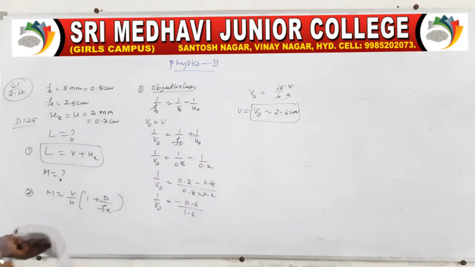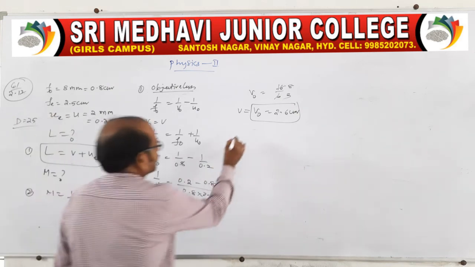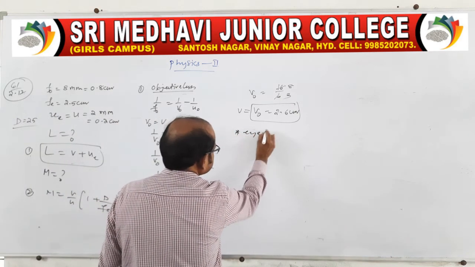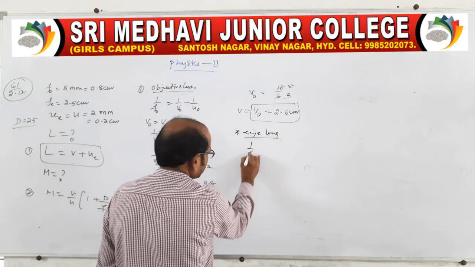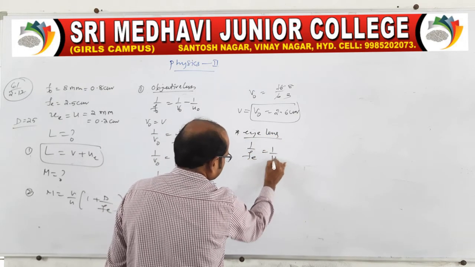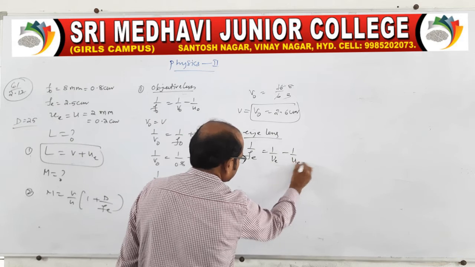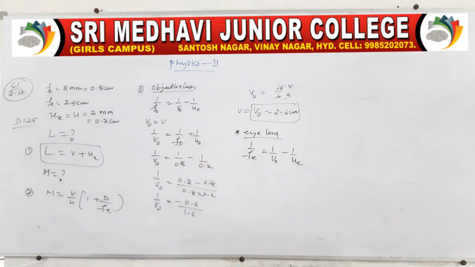Clear? Now in the same way, we should get UE also. By using the eye lens, you take 1 by Fe is equal to 1 by Ve minus 1 by UE. In this, of course, we know Fe, and we know Ve also, because it is the final image.